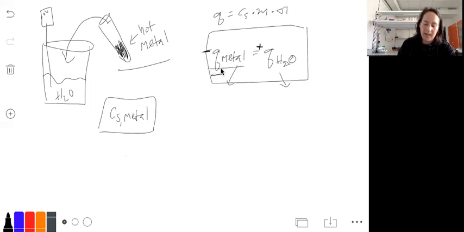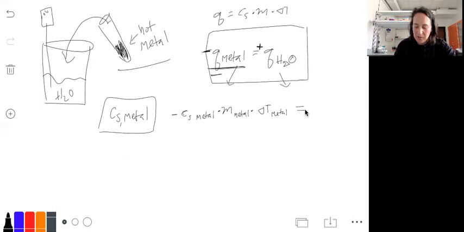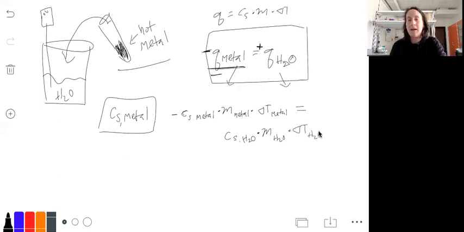So if I expand out this Q, I would say negative specific heat capacity of the metal times the mass of the metal times the delta T of the metal would equal, I'm going to run out of space, so I'll write it on the line below, the specific heat capacity of the water times the mass of the water times the change in temperature of the water. Remember that change in temperature is always temperature final minus temperature initial.